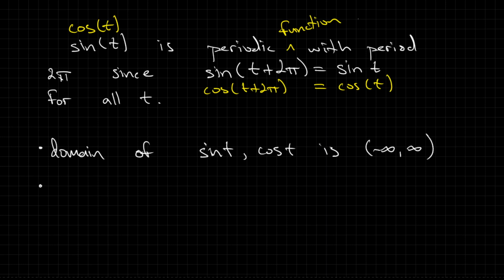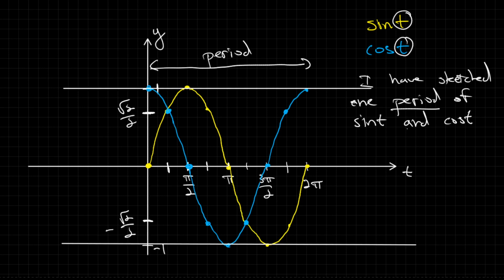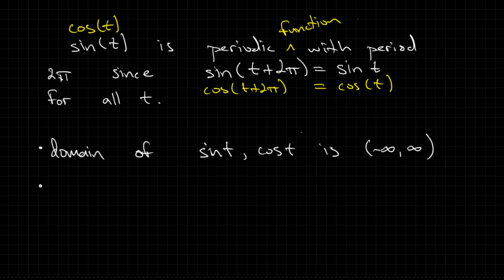And now if you want to know the range, you'll see that both the sine t and cosine t function are trapped between -1 and 1. Their y values never get larger than 1, and they never get smaller than -1. And for that reason, the range of both of these functions, sine of t and cosine t, is -1, 1.